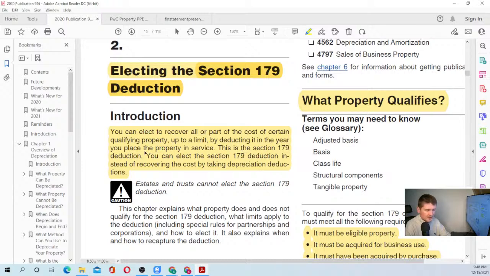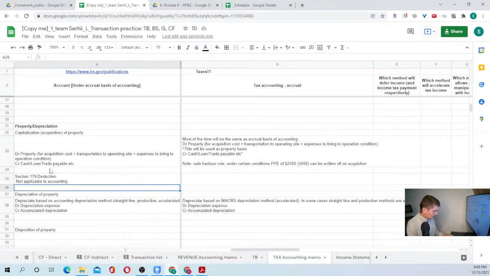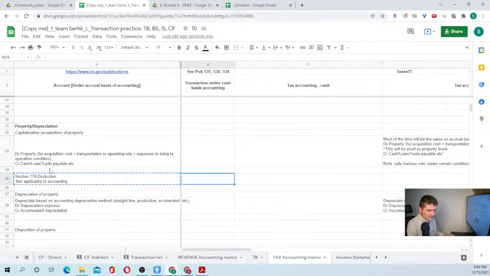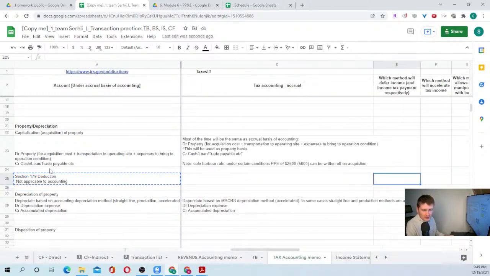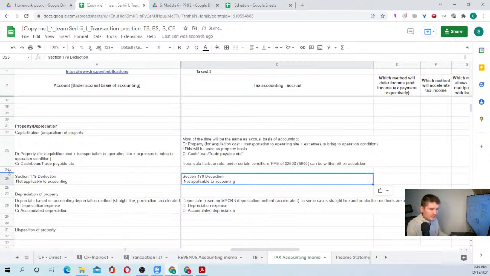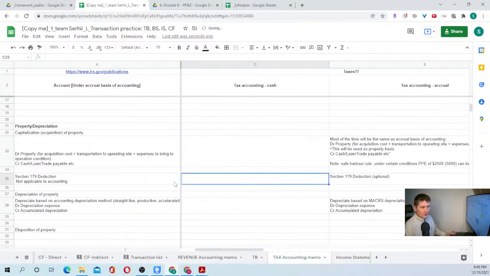This is the section 179 deduction. You can elect the section 179 deduction instead of recovering the cost by taking depreciation deductions. Okay. So we move it here to our tax accounting. Section 179 is optional. So we can use it or we can skip it.